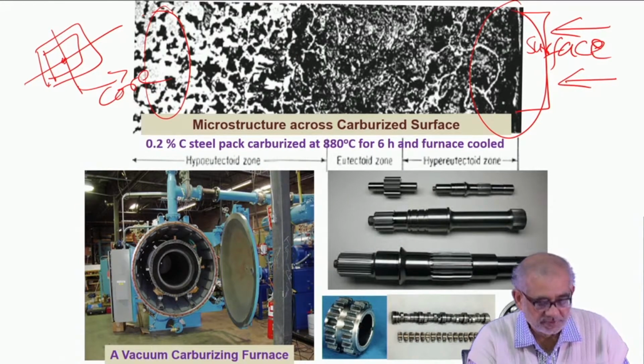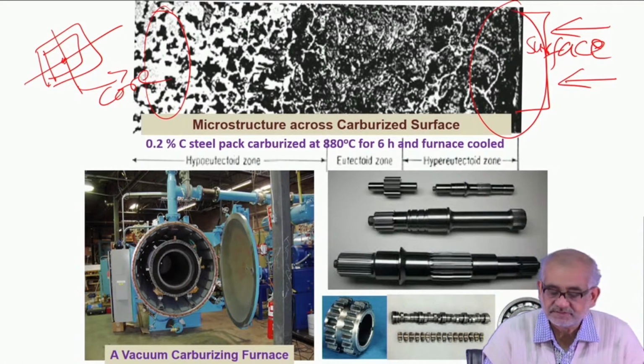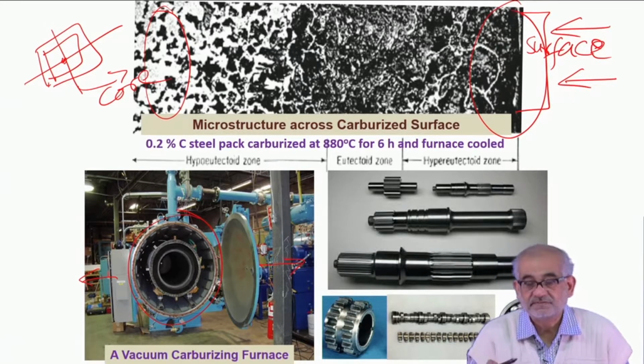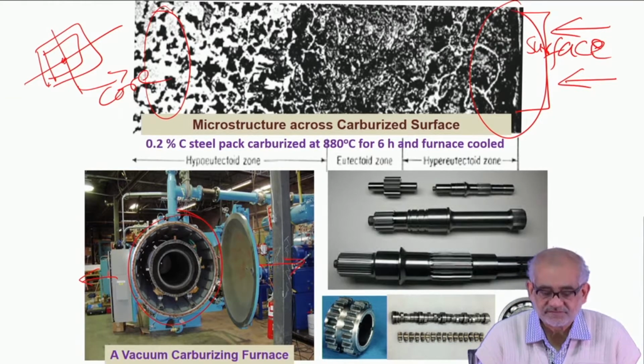Now, when we want to carry out this kind of carburizing treatment in a gaseous environment, this is the kind of furnace that we use, which allows you to evacuate and bring it to very low pressure. So you can reach 10 raised to minus 5 millibar or minus 6 millibar, but then you have to backfill.